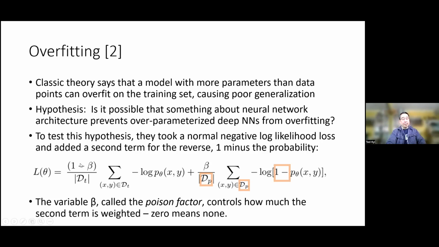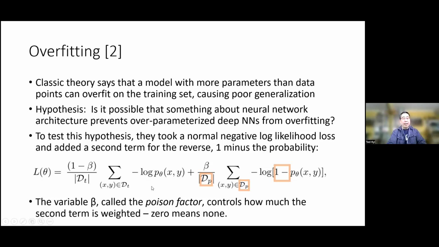Then instead of just having constants, they have this 1 minus beta and this beta over here, which allows them to change the weighting between these two terms. When beta is 0, the whole second term on the right gets zeroed out, and you just have your normal cross entropy loss.